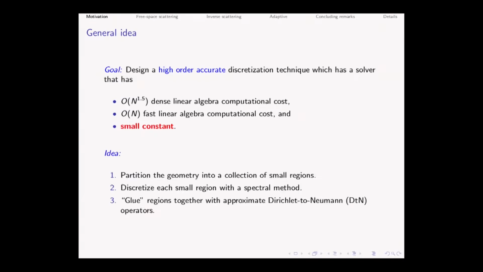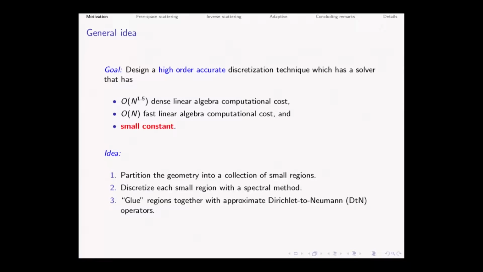And the intuition for the algorithm is very simple. It starts out just like a typical nested dissection algorithm: partition the geometry into a collection of small boxes, and discretize each of those boxes to high accuracy using a spectral discretization. Then we're going to glue them together, and that's where the novelty is: we glue them together using Poincare-Steklov operators, and this allows us to achieve high accuracy and not see pollution as we move to the high frequency regime.